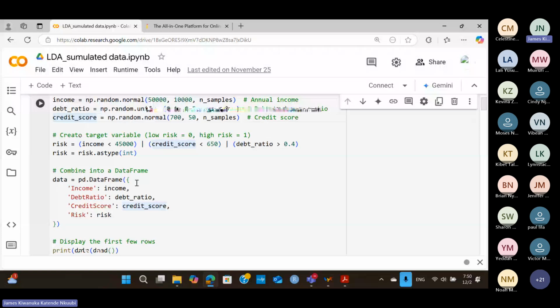So we'll initialize this LDA object and we fit it on the training data. Then we predict on the test set and then give the probabilities of being in a given class here.